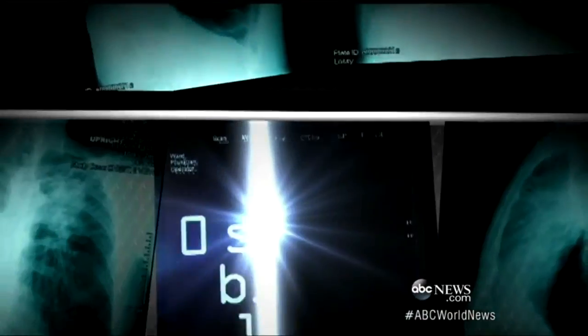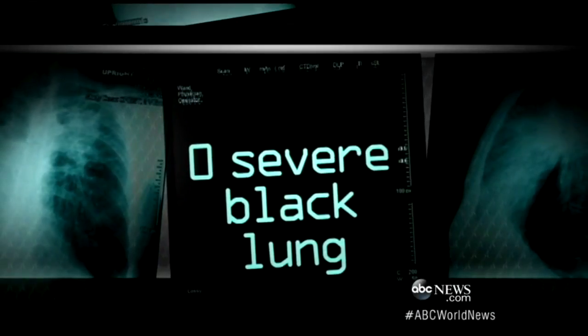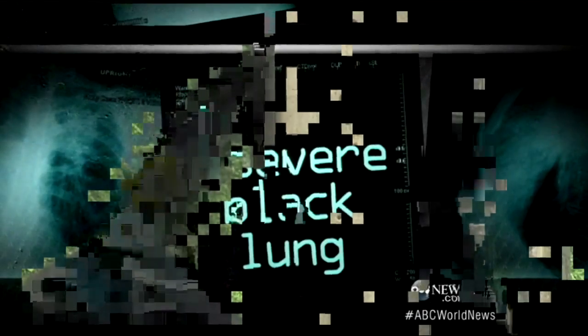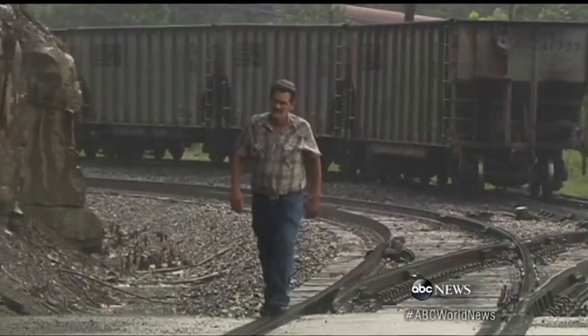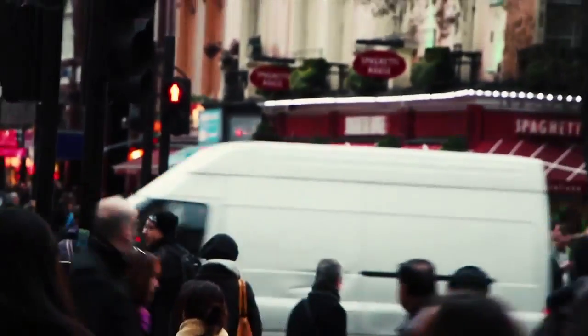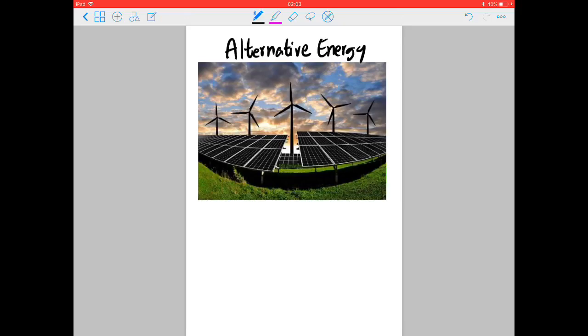By inhaling, it causes black lung, 3% of coal miners experience this, and there are around 400 casualties that die from black lung.